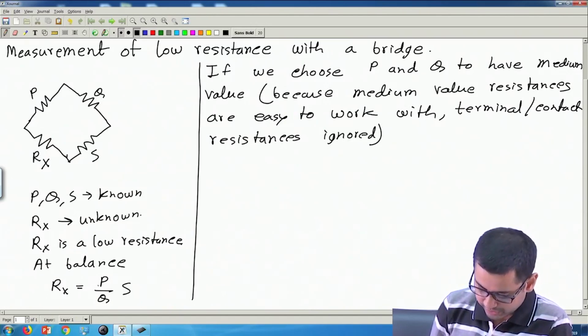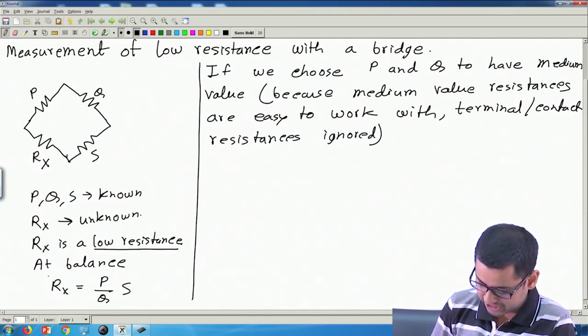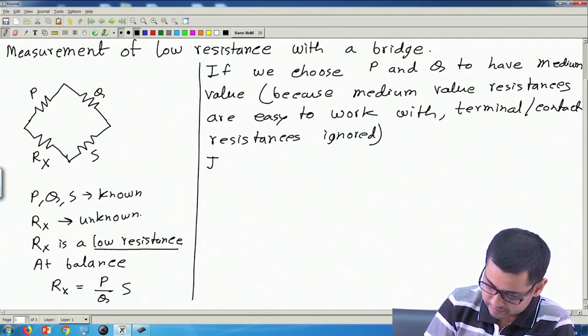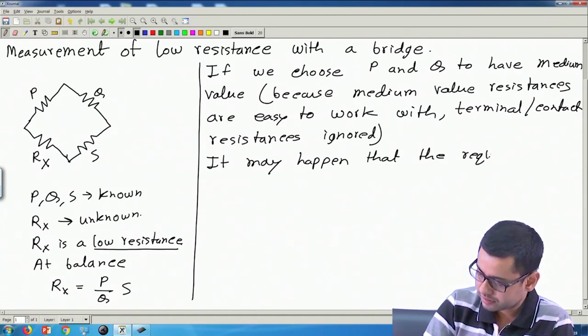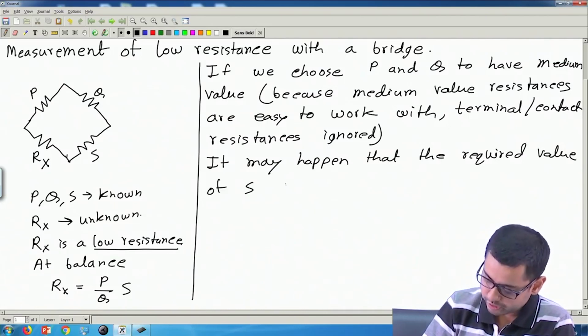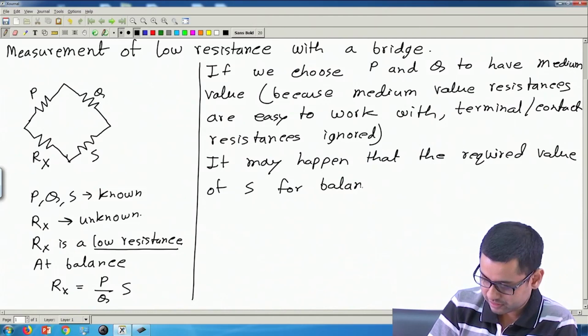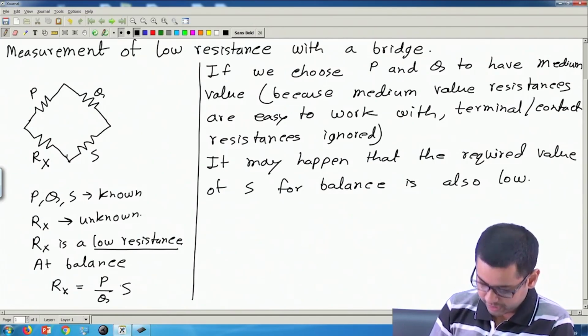So, we may choose P and Q to be of medium value, but Rx is of low value. Therefore, it is possible that S is also a low value resistance that is required to get this balance. So, it may happen that the required value of S for balance is also low. It may or may not happen.